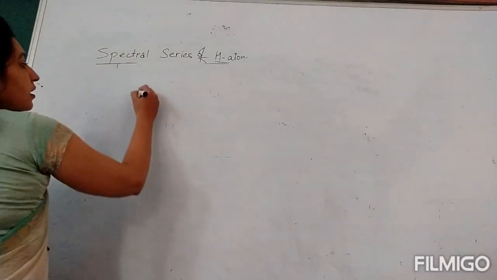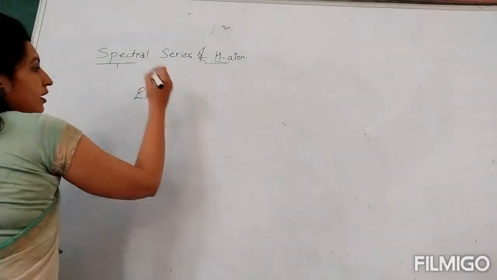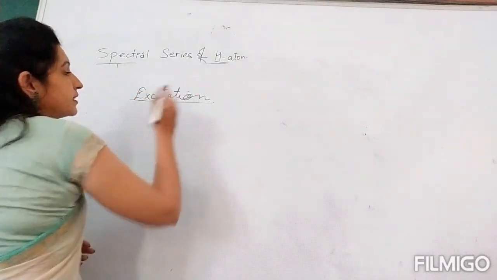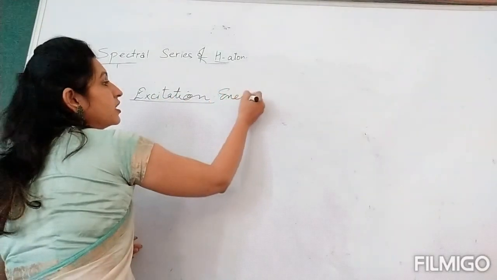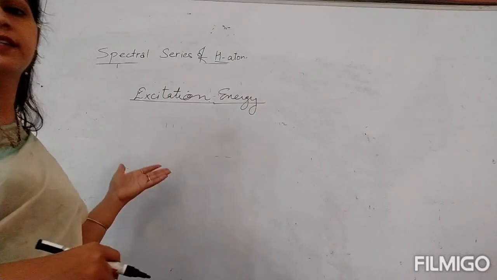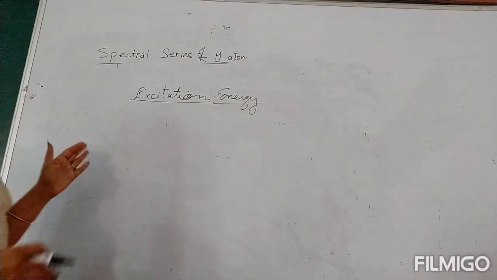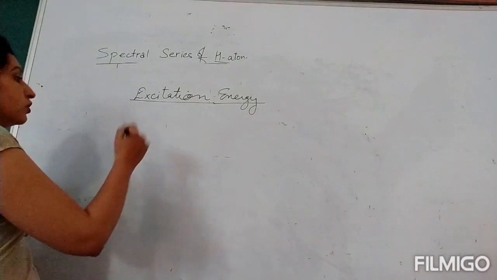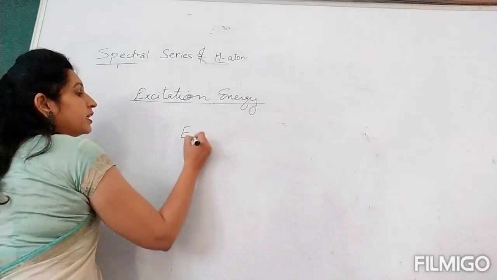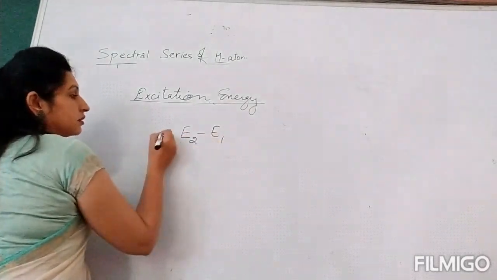So here, first is excitation energy. It is the energy required by an electron to move from the ground state to any of the excited states. If it is moving to the first excited state, then it is the first excitation energy. To move to the first excited state, the energy difference will be E2 minus E1.